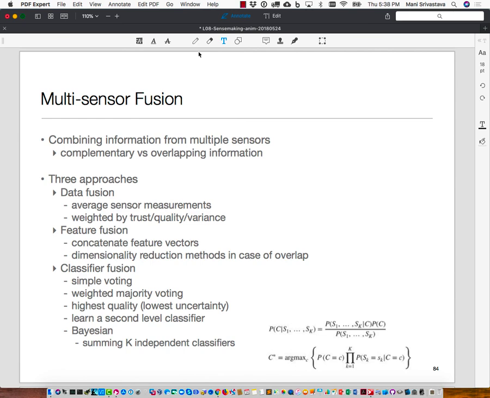The second level is I could do it at the level of features. In this case, I may have, let's say, 2 sensors. They are both telling me about the same process, but they're different sensors. Usually, what you do is simply concatenate the feature vectors. So, features for sensor 1, features for sensor 2, and then you just take a union of them.